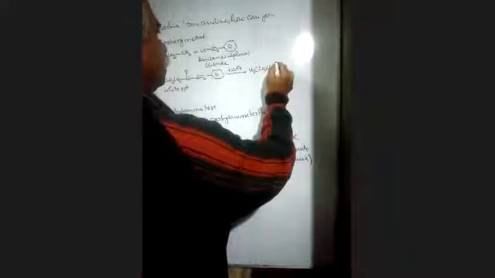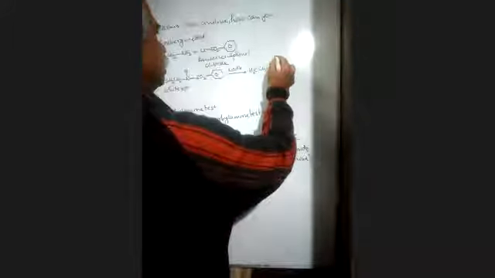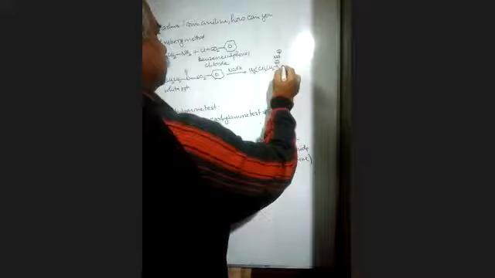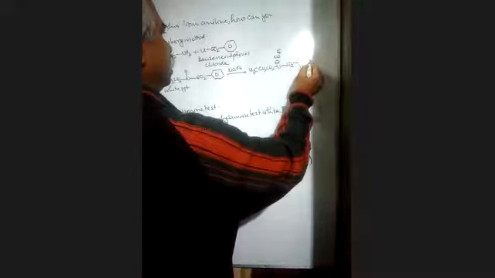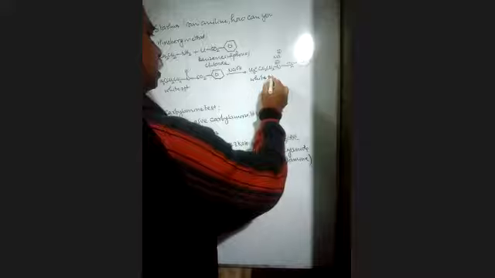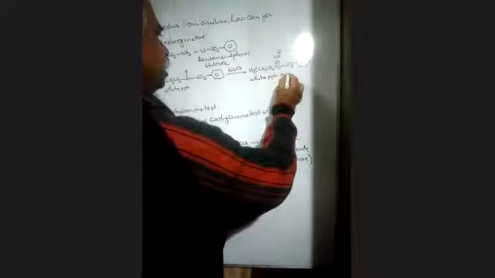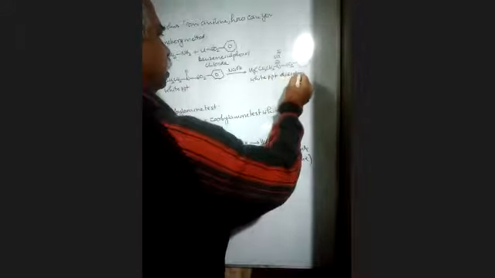Right here now, minus Na plus SO2, this. Okay, we'll write here: white precipitate dissolves.